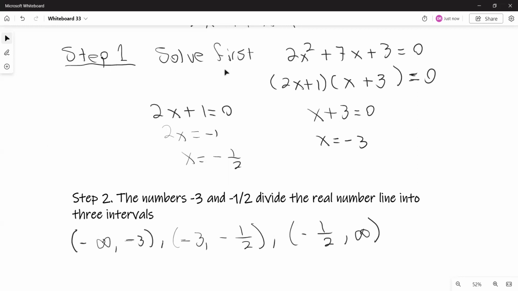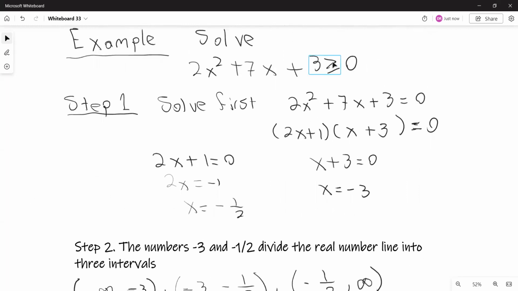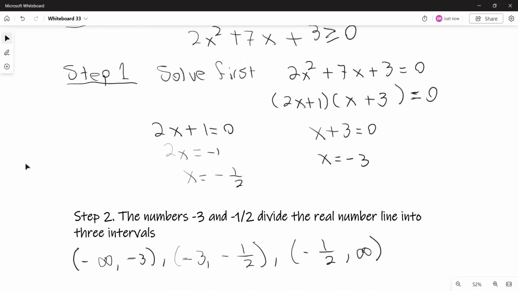The expression 2x squared plus 7x plus 3 is going to be always positive or always negative on those intervals, and it's 0 only at -3 and -1/2. Since the inequality is greater than or equal to 0, those two values are going to be solutions.